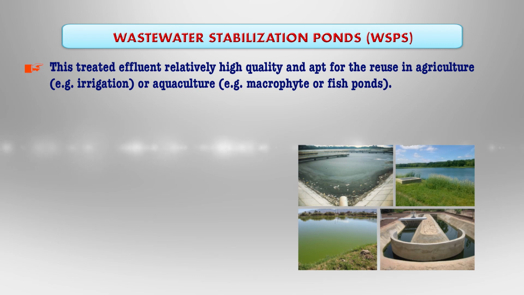The effluent still contains nutrients like nitrogen and phosphorus, and therefore it is appropriate for reuse in agriculture, but not for direct discharge into surface water. This treated effluent is of relatively high quality and can be reused in agricultural activities, that is irrigation or aquaculture.